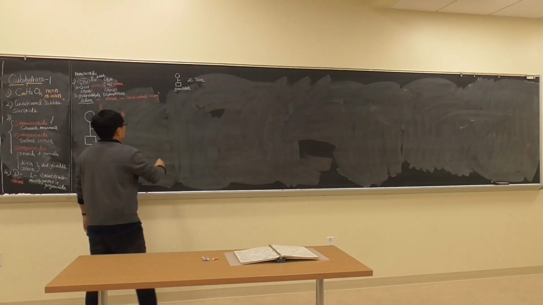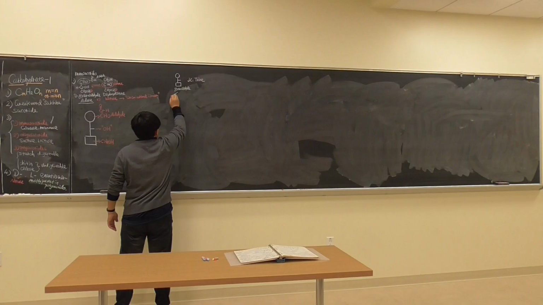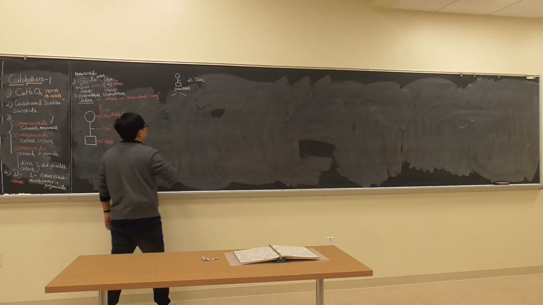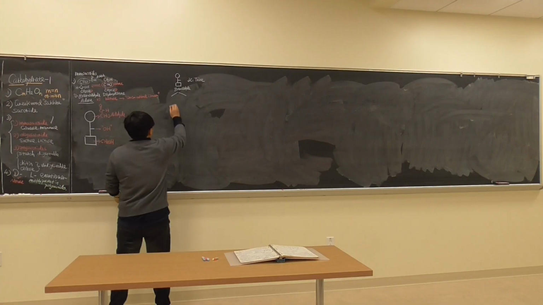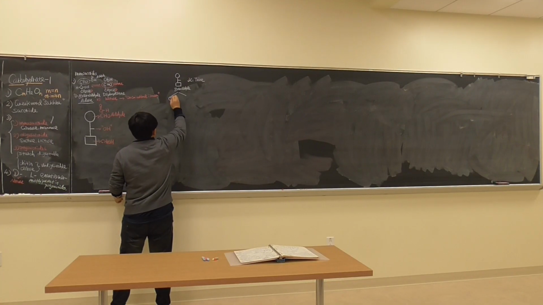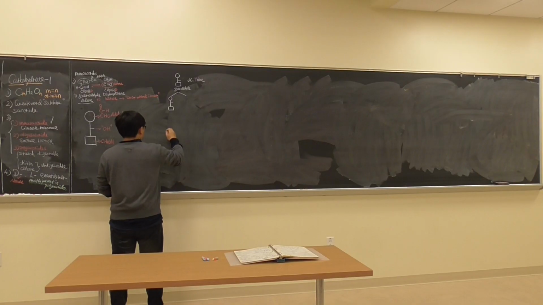Okay, now we're going to start a family tree. We're going to add a carbon there. Is it the same? We can add 1 at the right, draw it a little better.